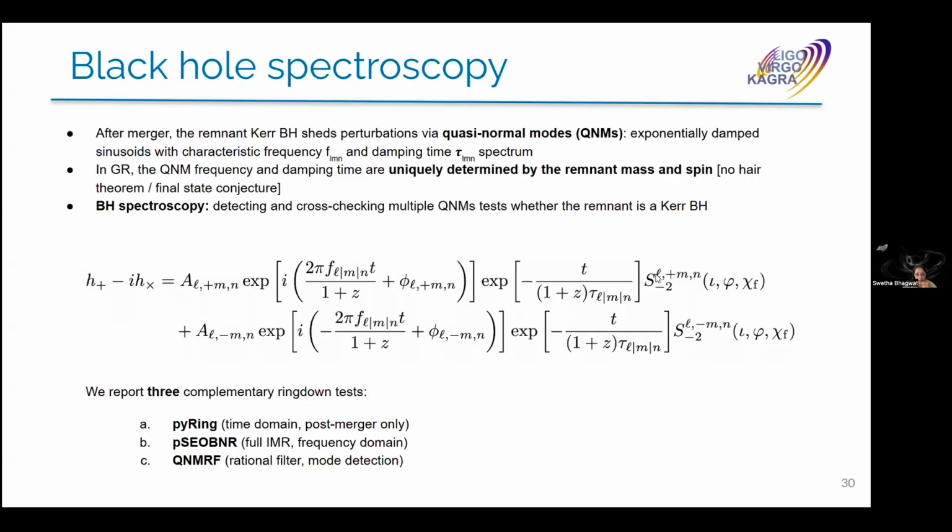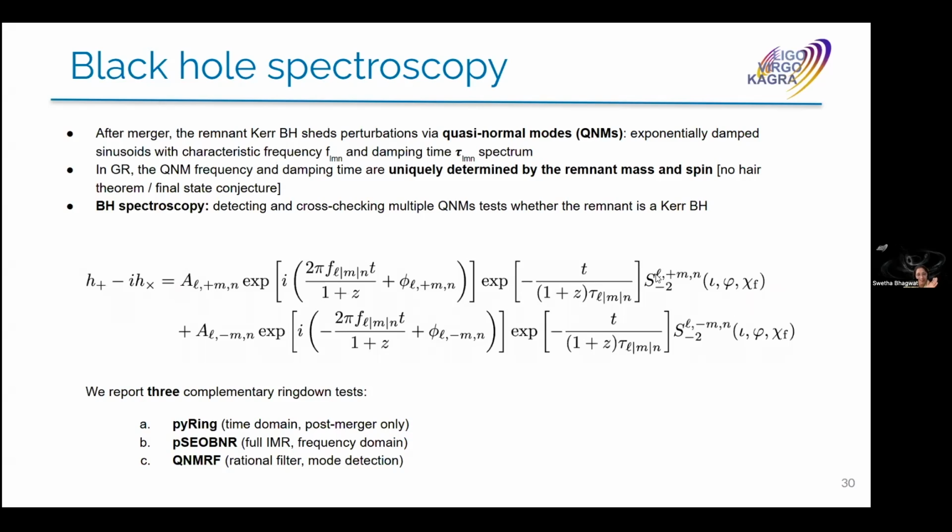This is a consequence of GR obeying the no-hair theorem. Black hole spectroscopy is a program of detecting multiple quasi-normal modes and checking whether they are mutually consistent with a single Kerr black hole. If they are, then it's a strong confirmation of GR.